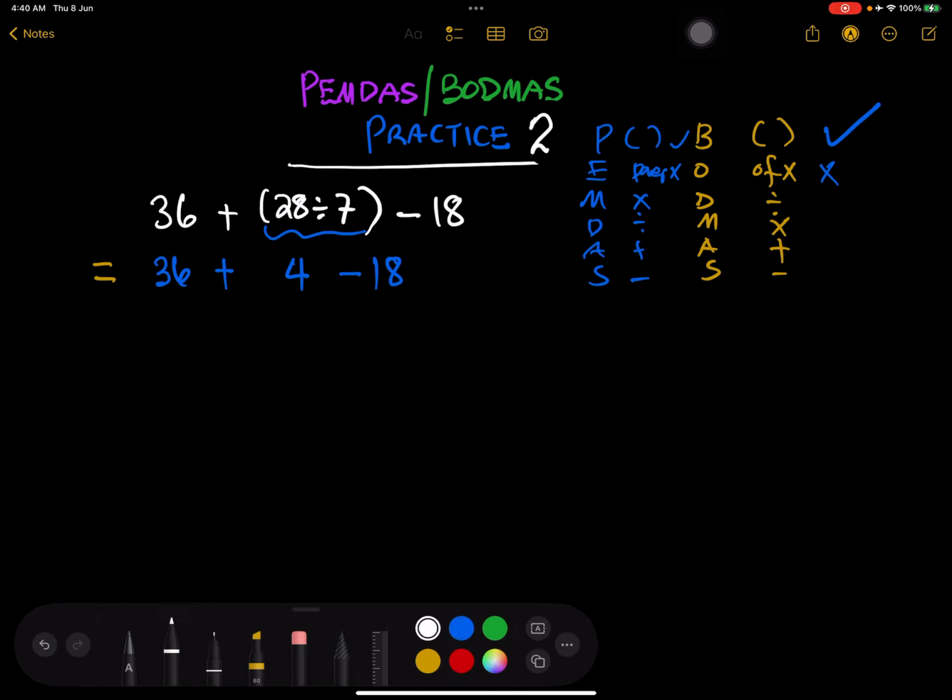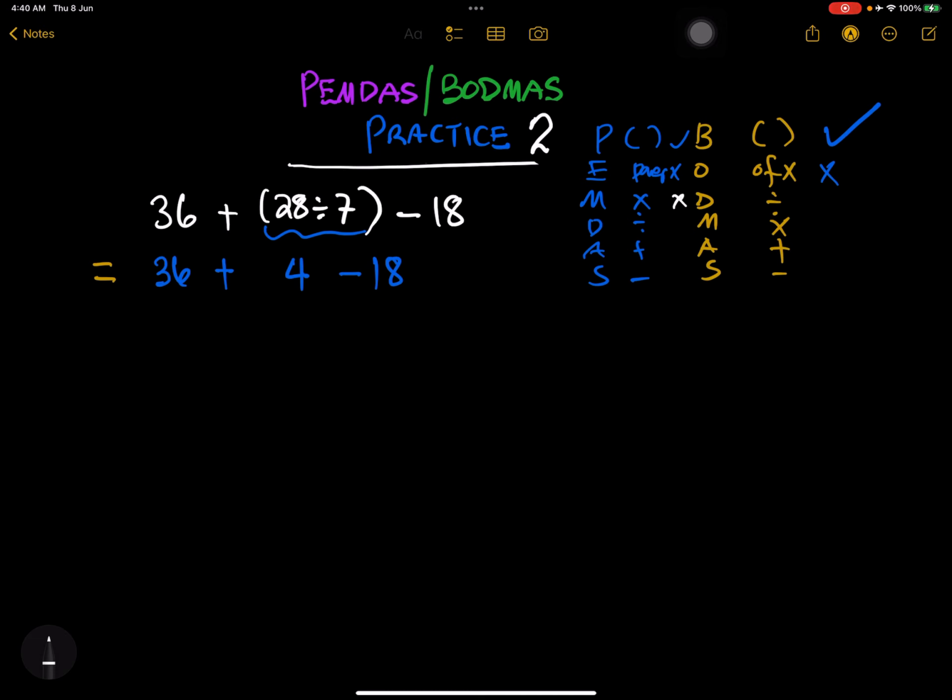If we look at multiplication, there's no multiplication. Is there a division? There's no division either. Is there addition? Yes, there is addition. So we're going to do the addition part first, which is this one. So we're going to have equal to 40 minus 18, and then the last one is a subtraction. We're going to get 2.